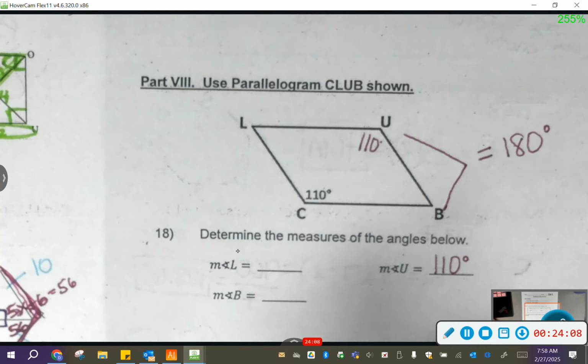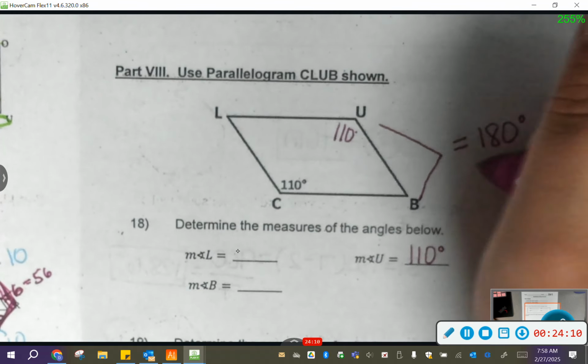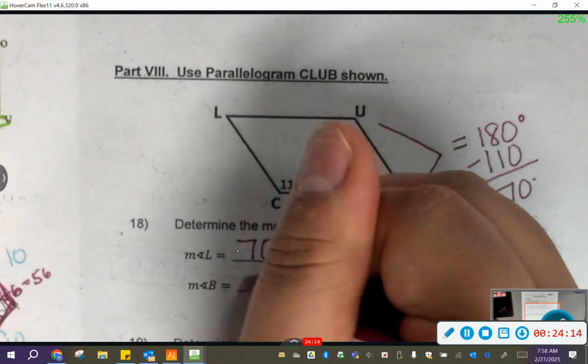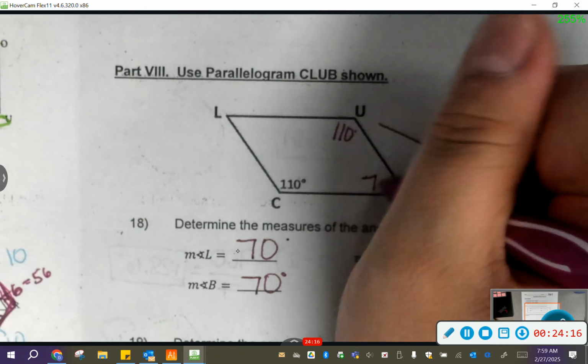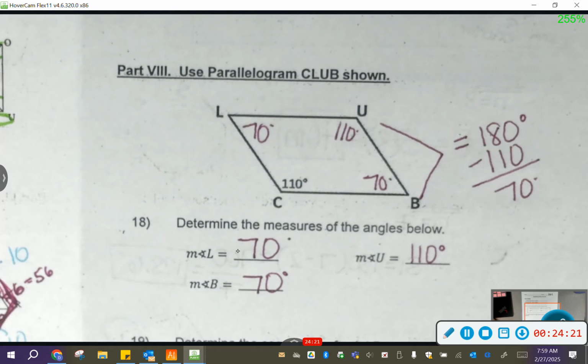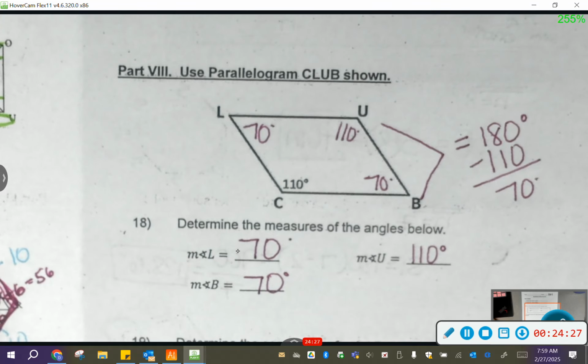So what am I going to do? And I get 70. And they'll be the same because they're across from each other. Consecutive angles are supplementary. Opposite angles are congruent.